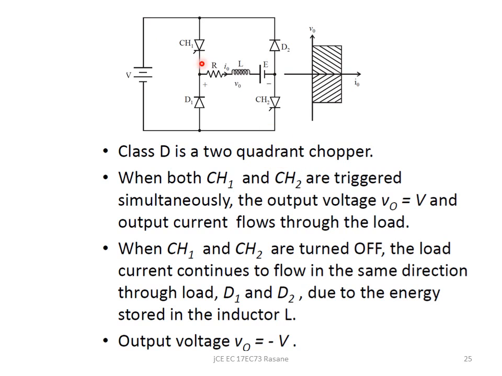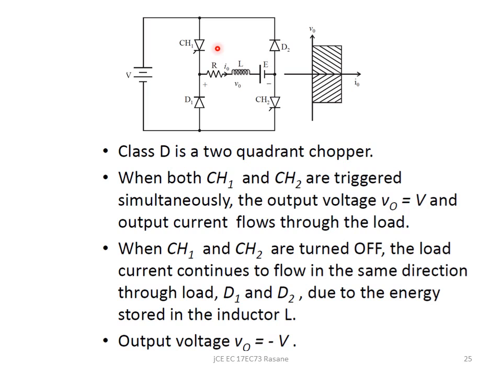So class D is a two-quadrant chopper. When both CH1 and CH2 are triggered simultaneously, output current flows through the load. When CH1 and CH2 are turned off, the current continues to flow in the same direction through the load and D1 and D2 due to the energy that is stored in L. Again, output is equal to minus V. So here, sorry, I said 0.